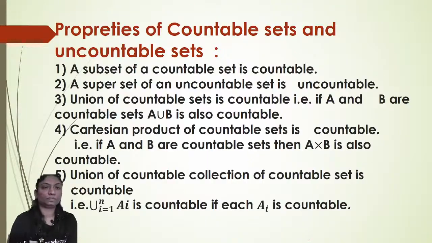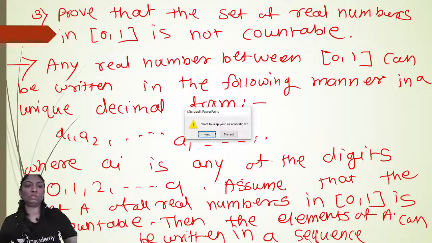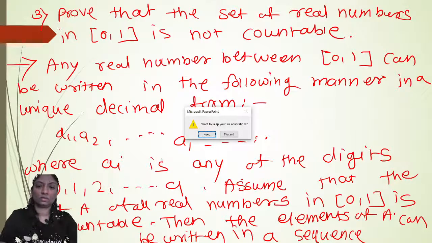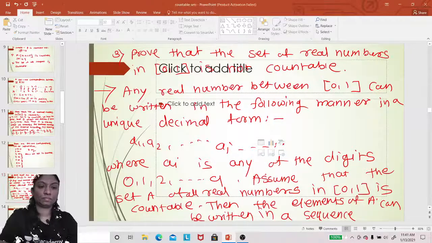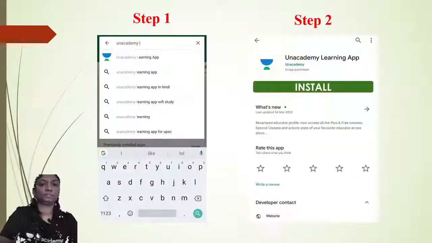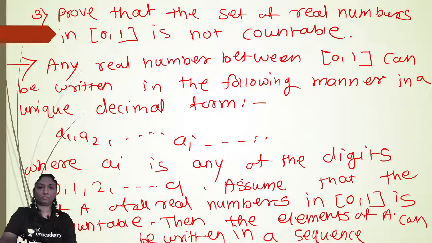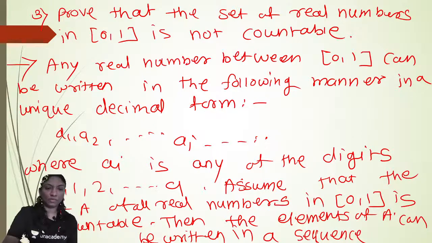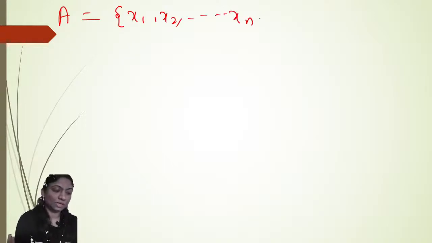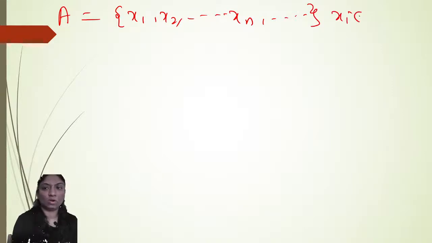Therefore, we can write A equals x1, x2, and so on up to xn and so on, where xi belongs to A.